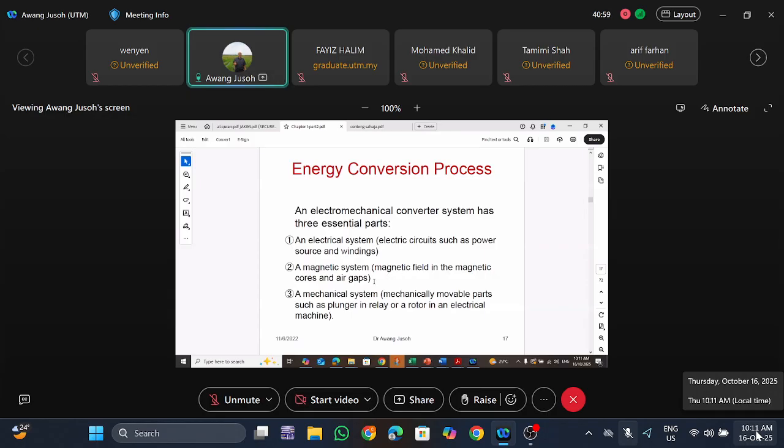The third one is the mechanical system, where we can have a moving part, such as the rotor in an electrical machine, or the plunger in a relay. So these three main elements are involved in any electromechanical energy conversion. Remember: one, two, three, electrical energy, magnetic energy, and mechanical energy.